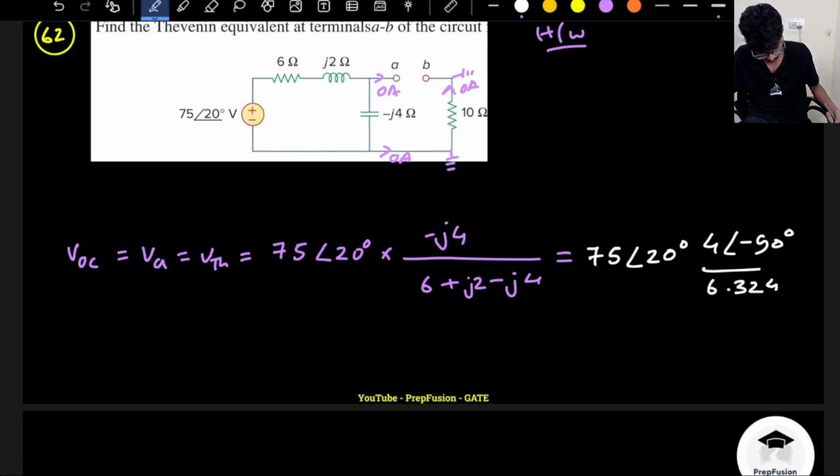The angle is minus tan inverse of 2 by 6, so the angle is minus 18.44 degrees.